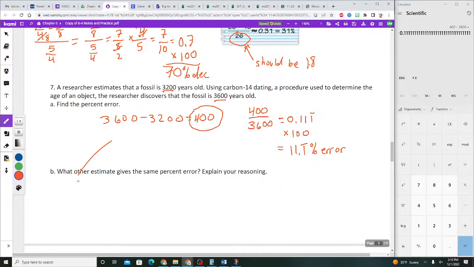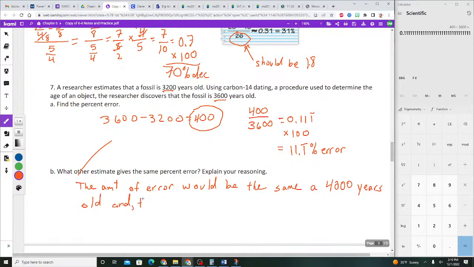So what I'd say is the amount of error would be the same at 4,000 years old, and thus so would the percent error.